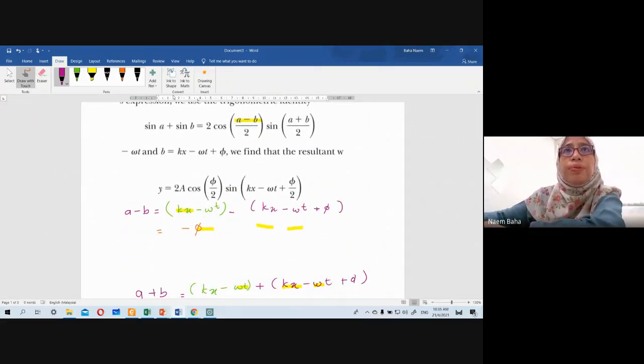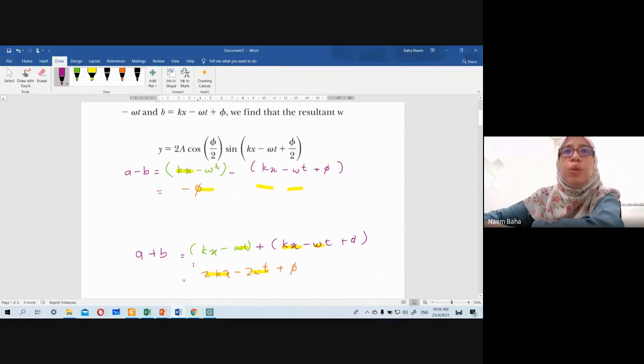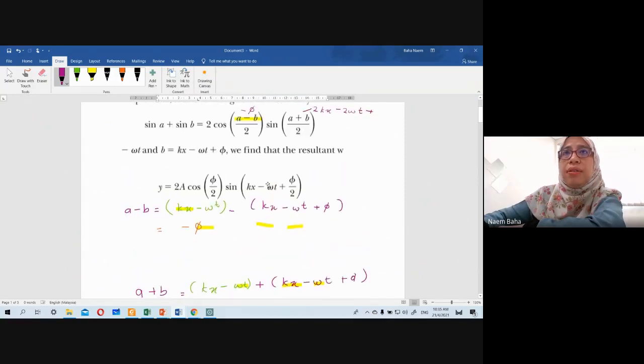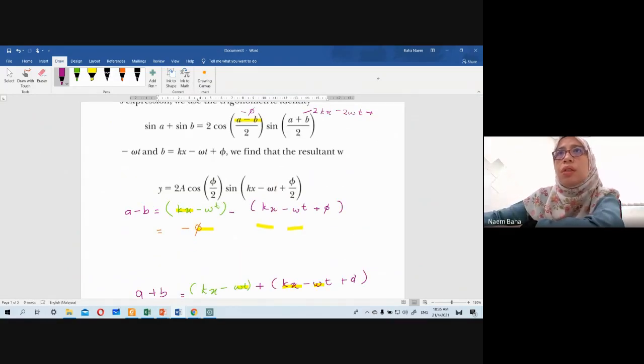Now, therefore, A minus B turns out to be negative φ, while A plus B just now turned out to be 2kx minus 2ωt plus φ.